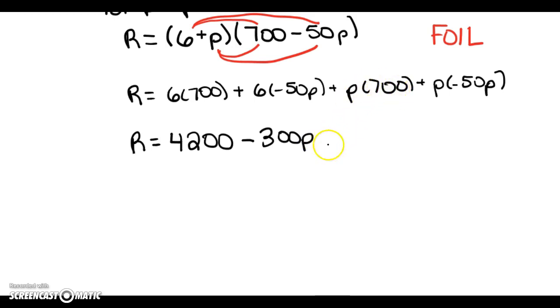Then you have 700p. And just remember to write your number right out in front of that variable. That's just how we write numbers and variables in proper mathematical notation. And then we have p times negative 50p, which you would get negative 50p squared. So p times p is p squared.